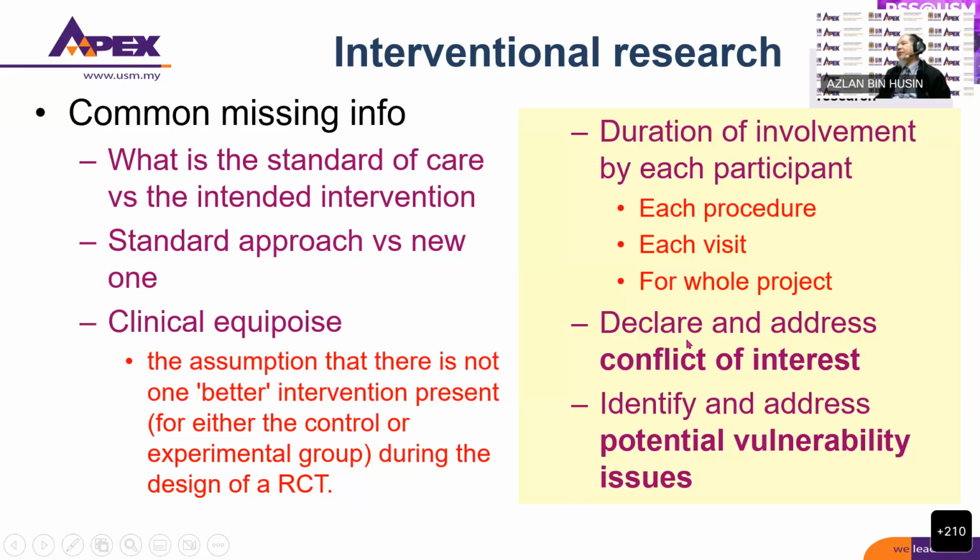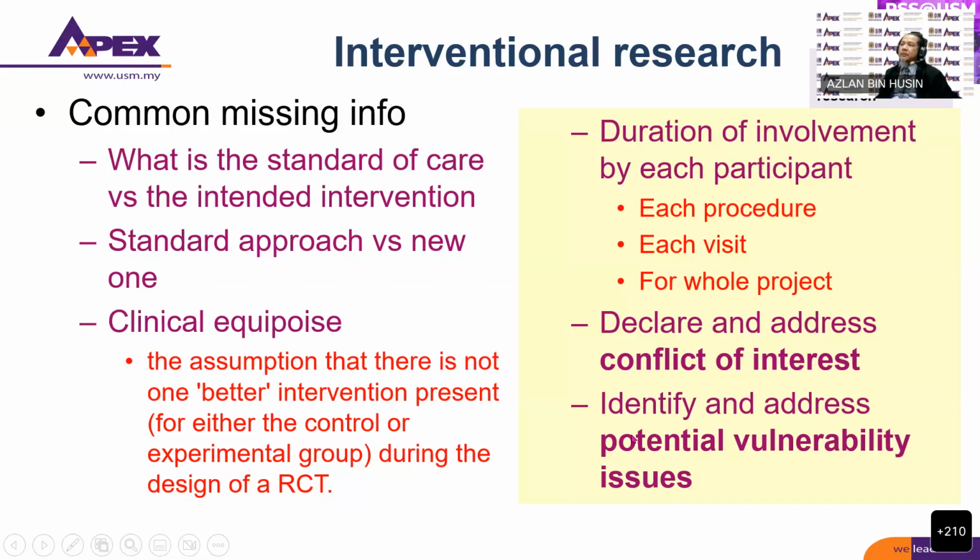Then it has to be considered and counted in. Is there any amount of reimbursement or token of appreciation that you want to provide, so that the participant is not neglected for the time that they have to spend in your research?